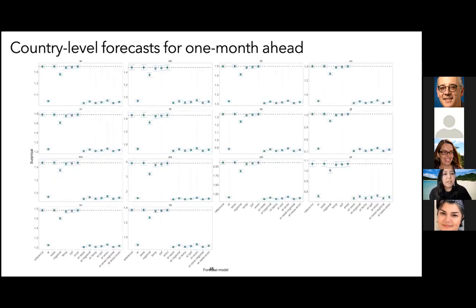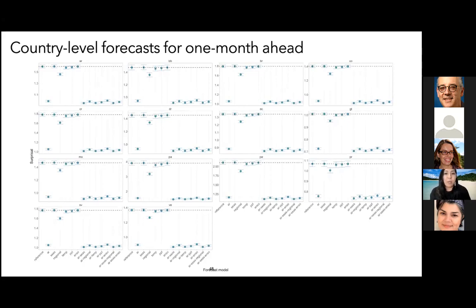for these factors. And this is showing the country level forecast, at least for 1 month ahead. The figure here now is showing surprisal, a related estimate of forecasting skill, where the higher the surprisal, the worse the forecasting skill. So you're looking for a lower estimate for improved forecasting.